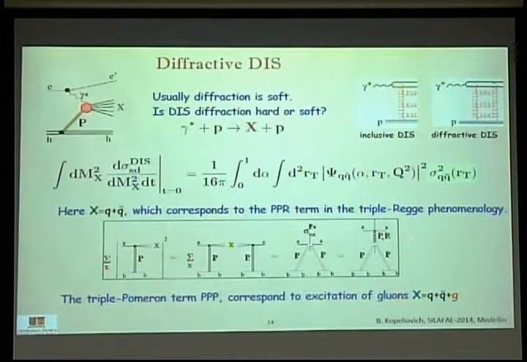And in terms of Regge phenomenology, you can treat these two possibilities, with and without production of an extra gluon, as the so-called Pomeron-Pomeron-Reggeon graph, where you have only excitation of the quark skeleton of this hadron, or diffractive radiation of a gluon, where you have the triple Pomeron coupling. So what is written here is only the PPR term, and the triple Pomeron term is needed if you want to include diffractive gluon radiation.